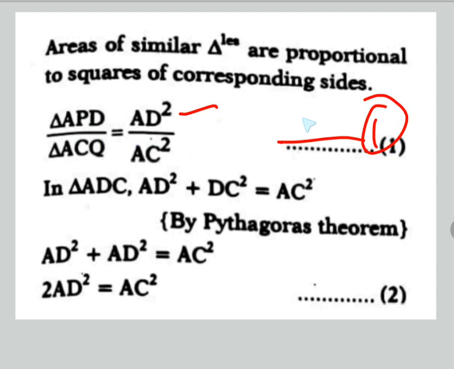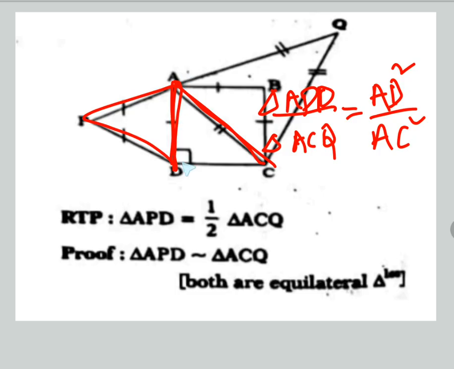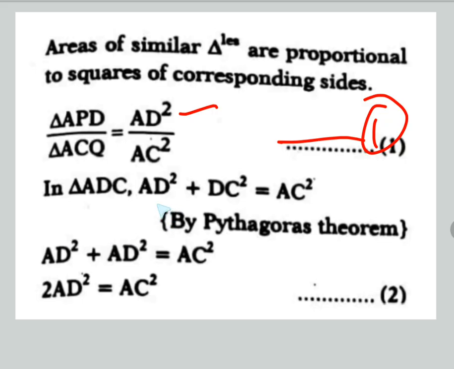This is number 1. AD is the corresponding side of APD and AC is the corresponding side of ACQ. From triangle ADC, we know that it is a right angle triangle. From Pythagoras theorem, AD square plus DC square is equal to AC square.